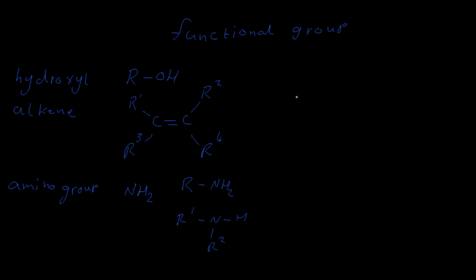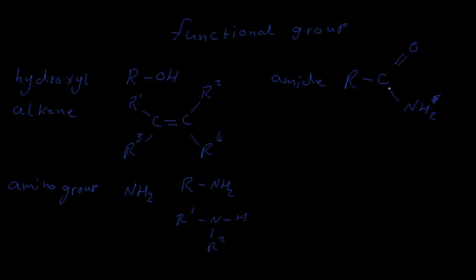Okay. Now, an amide group is similar to an amino group in that it has NH2, but it's also got some other bits. So you've got R, the rest of the molecule, to a carbon, a double bond to an oxygen, and then you've got the NH2 as well.